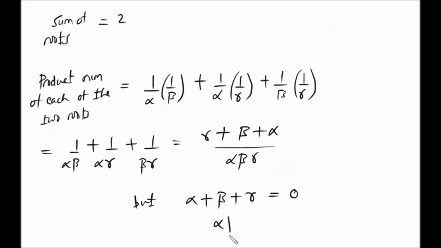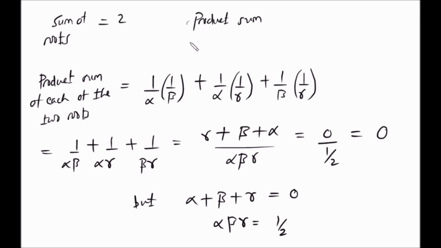Wakati the product of roots tulisema ni nini? Half. Kwa hiyo ni sawa na 0/half. Kwa hiyo hii ni sawa na nini? Hii ni sawa na 0. Kwa hiyo sasa product sum of each of the two roots ni nini?